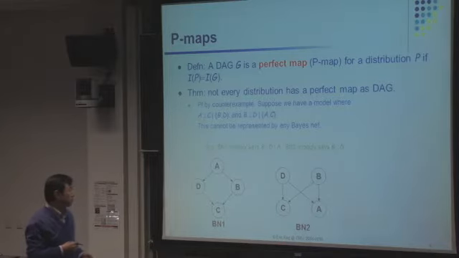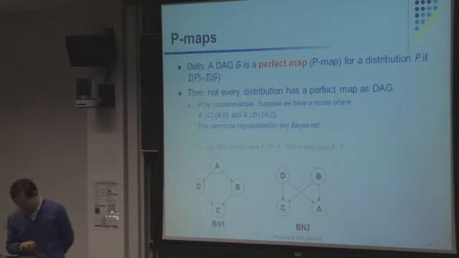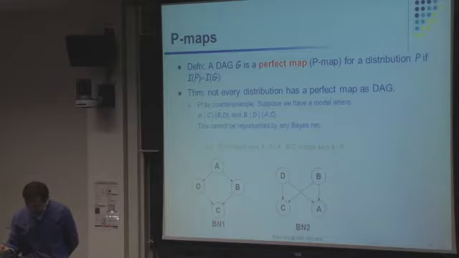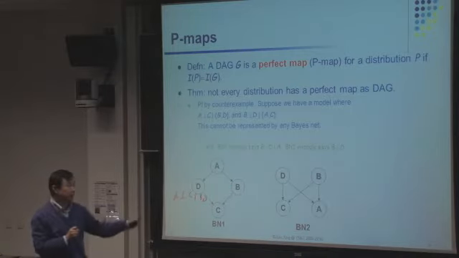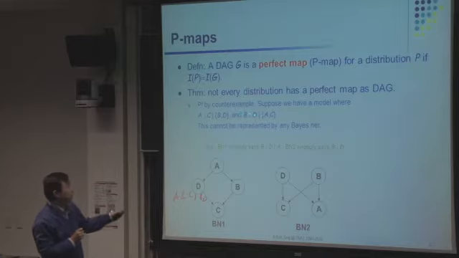So with 4 variables, you can imagine different ways of connecting them, and here are 2. What are the independencies in this graph, if you can tell? I think it's safe to claim that A is independent of C given B and D, because these 2 nodes indeed separate this one from this one. And do we actually have B independent of D given C and A?